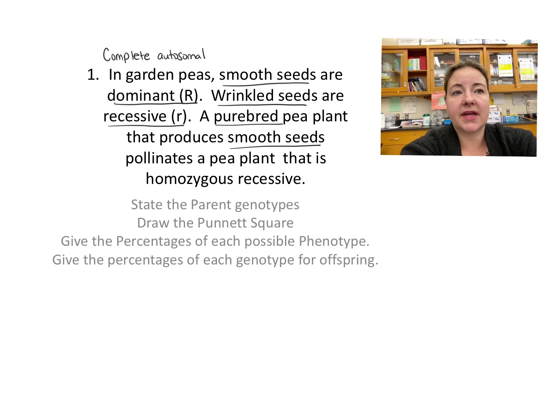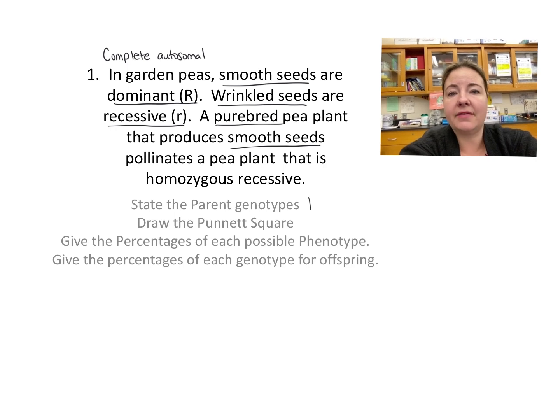If we have a purebred pea plant that produces smooth seeds, then we're going to have a homozygous dominant parent. So big R, big R. Then we have a pea plant that is homozygous recessive. So that means that parent would be little r, little r.